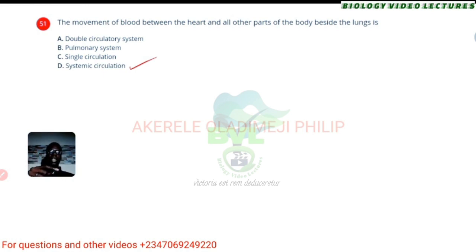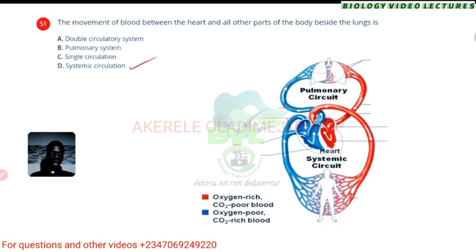For example, in the case of human, it's going to pass through for pulmonary circulation and it's going to pass through for systemic circulation. So this is what I mean. From the heart to the lungs, from the lungs back to the heart, that is pulmonary circulation. It starts here and ends here.